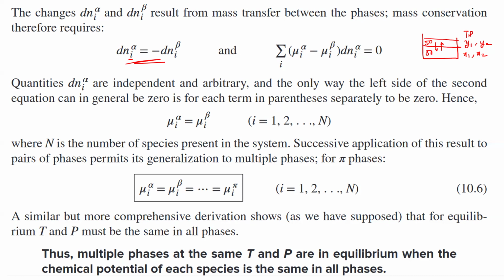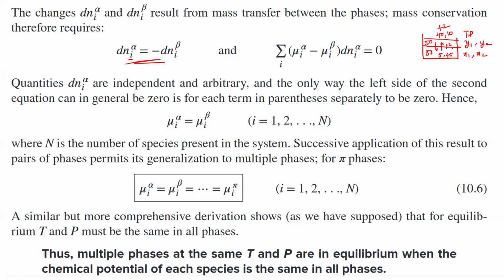So if 50 moles of liquid phase is there, and out of that, for example, 5 moles of air and 45 moles of water is there. And in the other phase, for example, 40 moles of air and 10 moles of water is there. Out of 5 moles, maybe this time 2 moles will go. So of course, this will gain 2 moles of air, 40 plus 2.